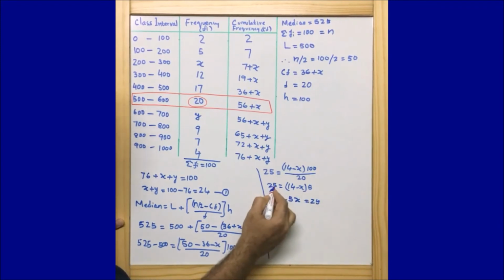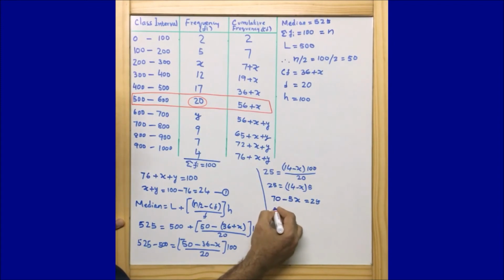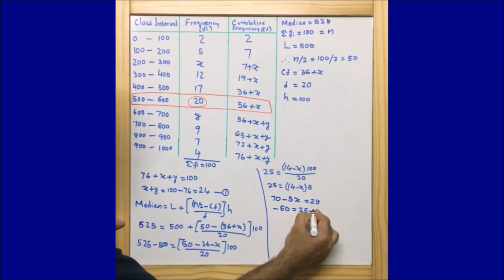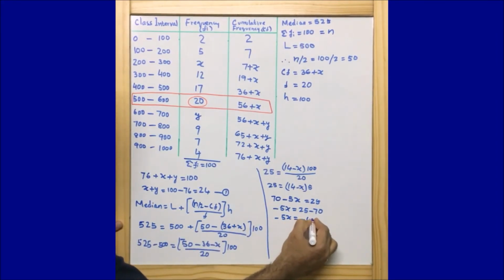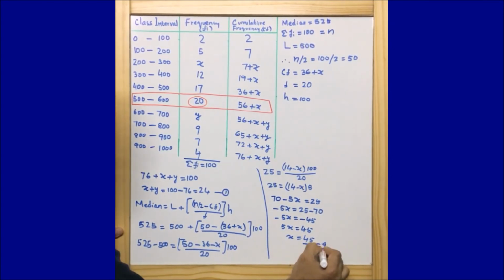Hope this is correct. 5 into 14 is 70 minus 5x, or I can write minus 5x is equal to 25 minus 70, which is minus 45. So this minus cancels off. We are left with 5x is equal to 45, or x is equal to 45 by 5, that is equal to 9. Therefore x value is equal to 9 we got.